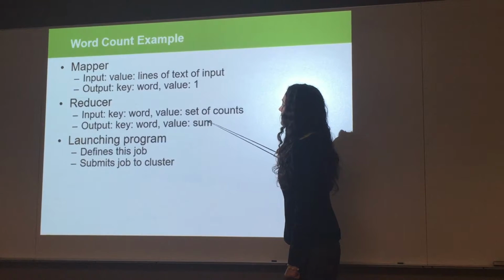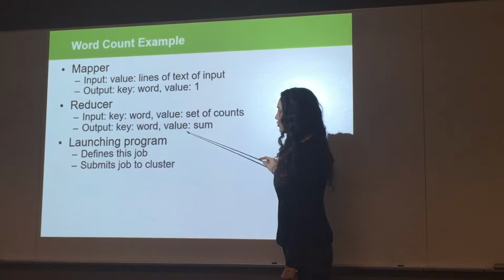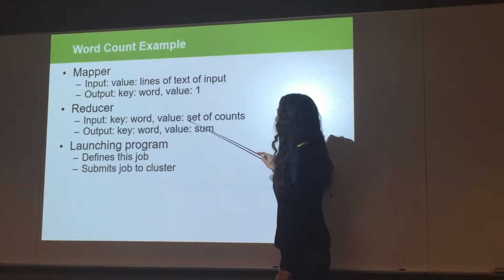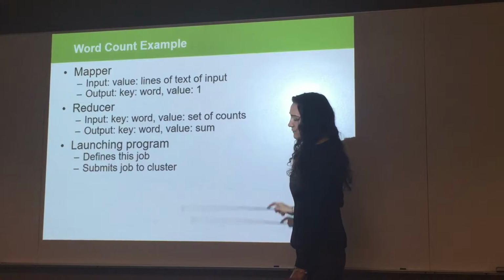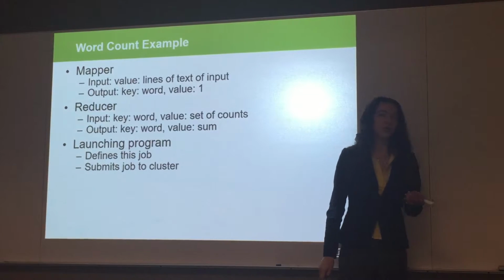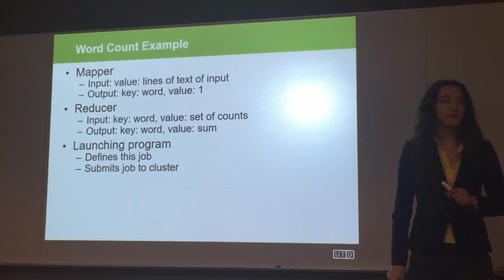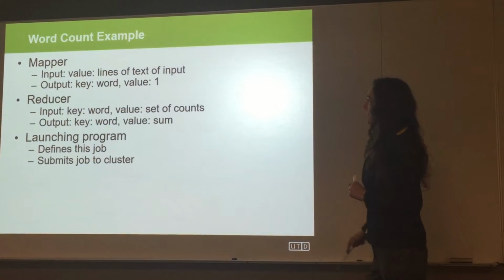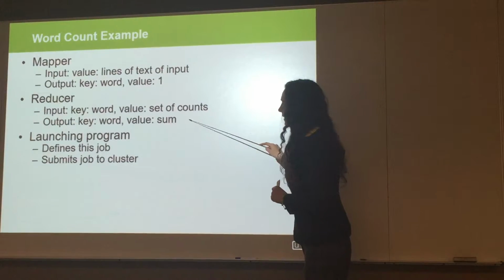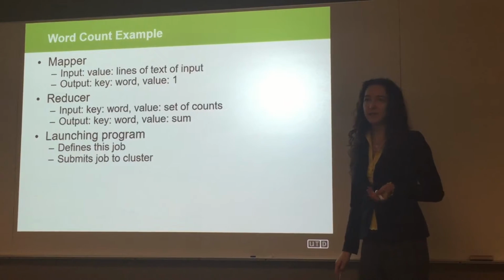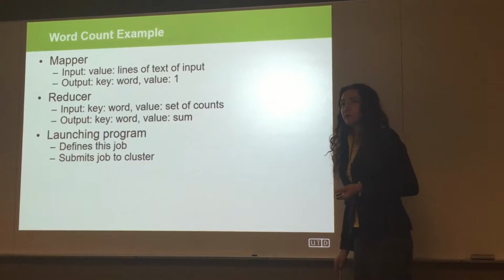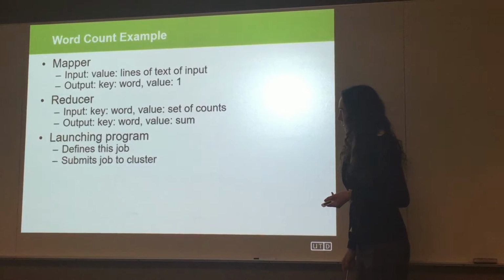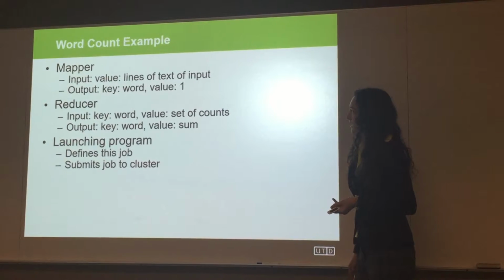Let's say it does the sum of the values. So it's going to take some word as a key, the value is the count, the number of times that this word occurred in the text, and it will produce an output. Let's say it will add these counts together. That is what was in your program that I gave you. So the mapper will take the file, that's the value, and the key is a particular word.